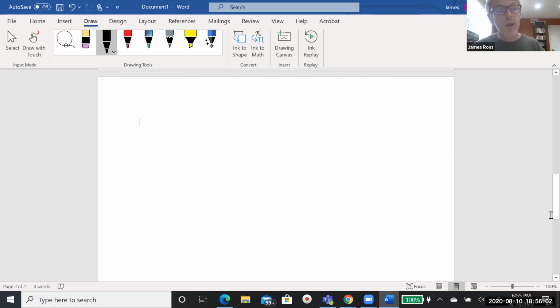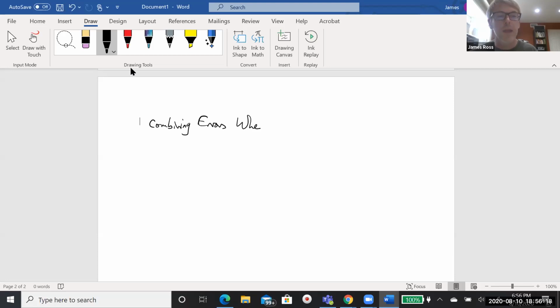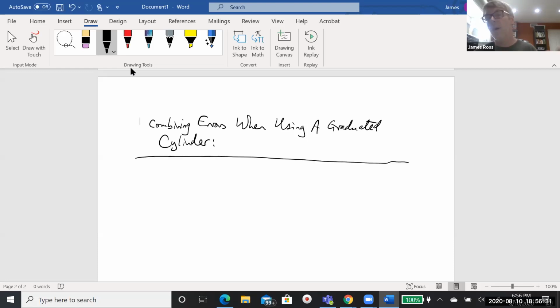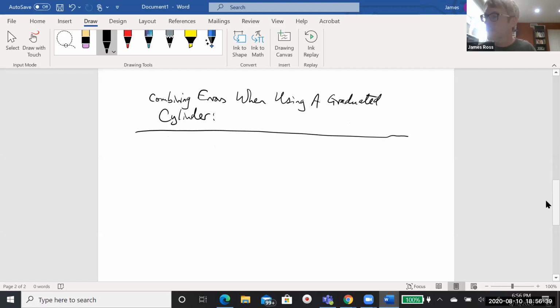So let's combine errors when measuring volume with a graduated cylinder, which is something that you often do in a lab. Okay, so let's have a look at this.